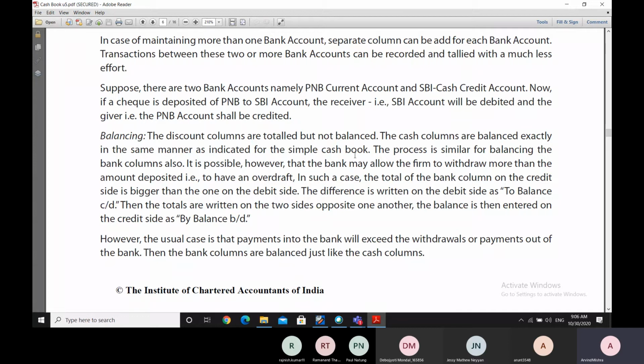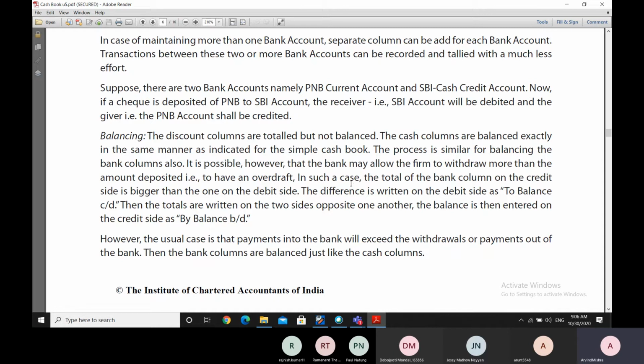There is no bank column also. So just like a simple cash book, the cash column of a double columnar cash book is also balanced. Similarly, the bank column is also balanced.